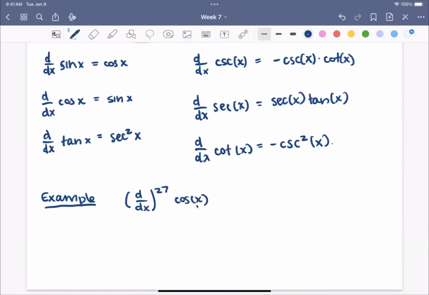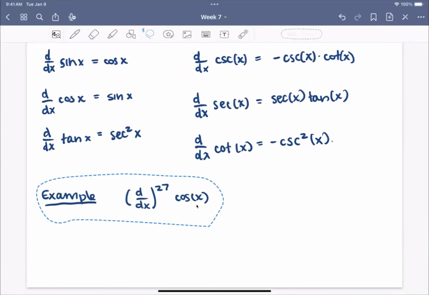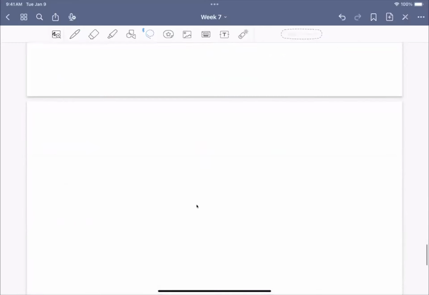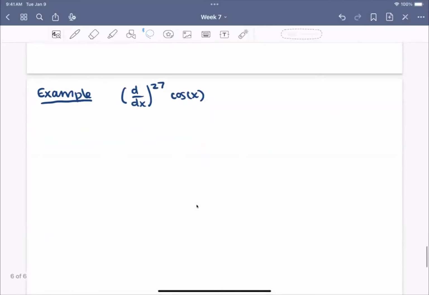Here's how it goes. I'm actually going to do this on a new page. I'm going to make a table. I'm going to put n for what derivative we're taking, and then what the nth derivative is.